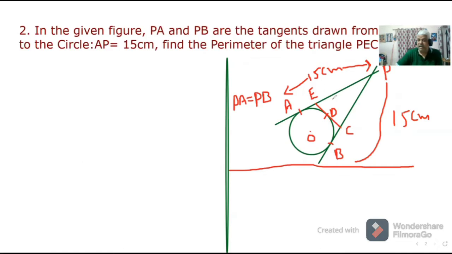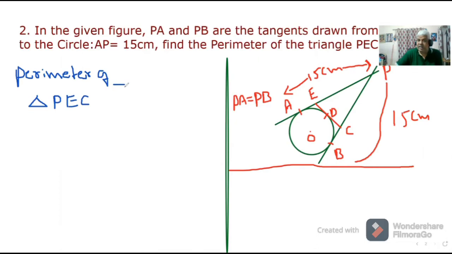As we got PA and PB, what did they ask you, please observe, dear children. They asked the perimeter of the triangle. Which is the triangle, dear students? It is PEC, they asked.